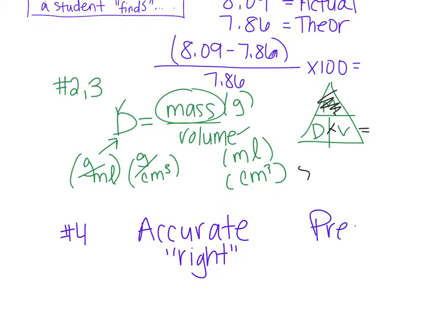Precise is consistent, meaning your numbers are close together. They might not be right, but at least you're using your tool right. Maybe your tool has a problem. You can see on that little data table, one of the students just needs to repeat the entire experiment because it's bad data.